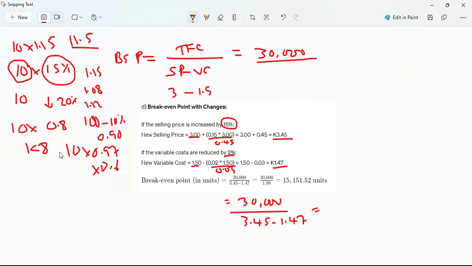I'm using figures that are easy to understand. So here, it has increased by 15%, so multiply by 1.15.